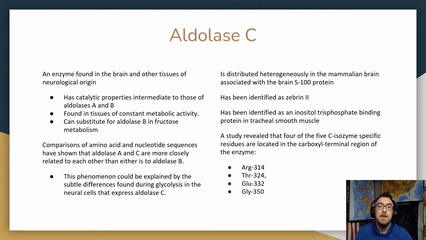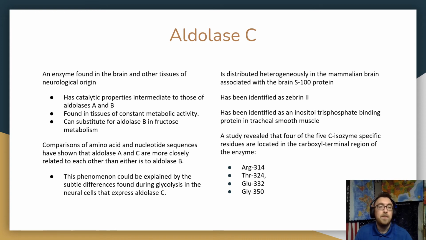Comparisons of amino acid and nucleotide sequences have shown that aldolase A and C are more closely related to each other than either is to aldolase B. In contrast, the kinetic differences between aldolases A and C are not sufficiently distinct to explain why both isozymes are expressed in the brain.